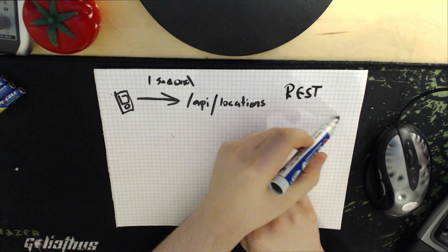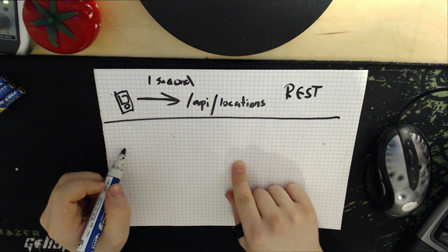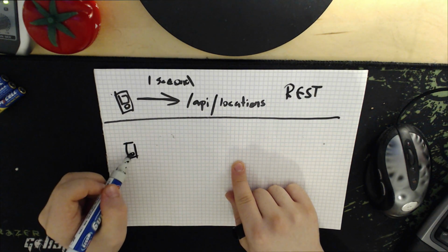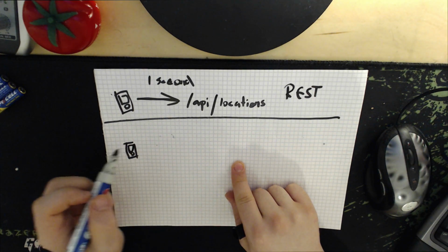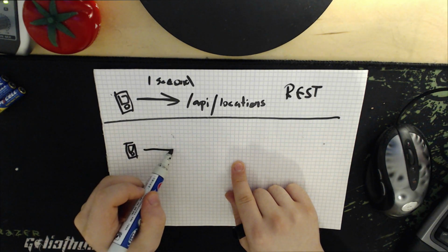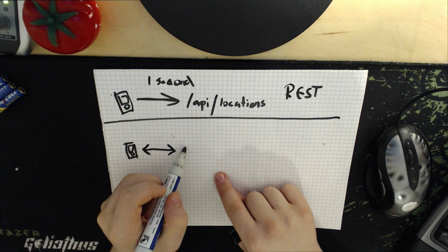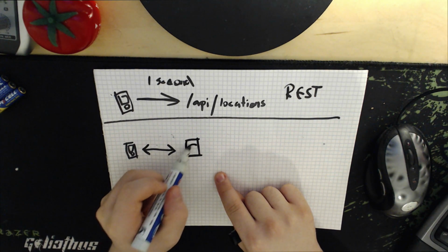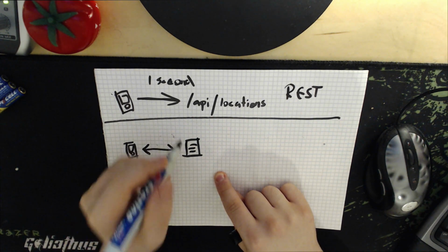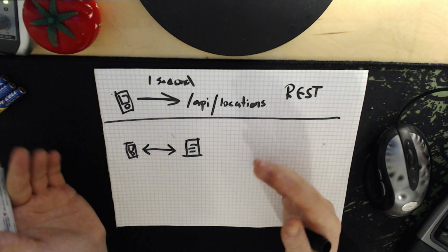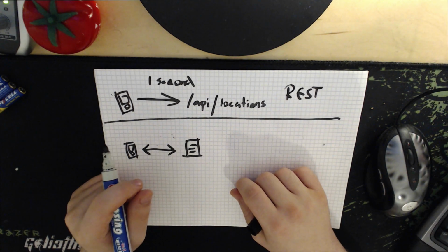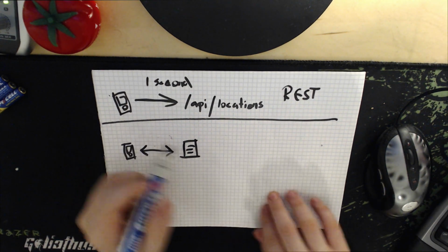That's REST. Now instead we have something where we have a client here and they have a WebSocket connection to our server. So this is our server here. We can have it in Node.js, in any sort of language, but it's using WebSockets instead.